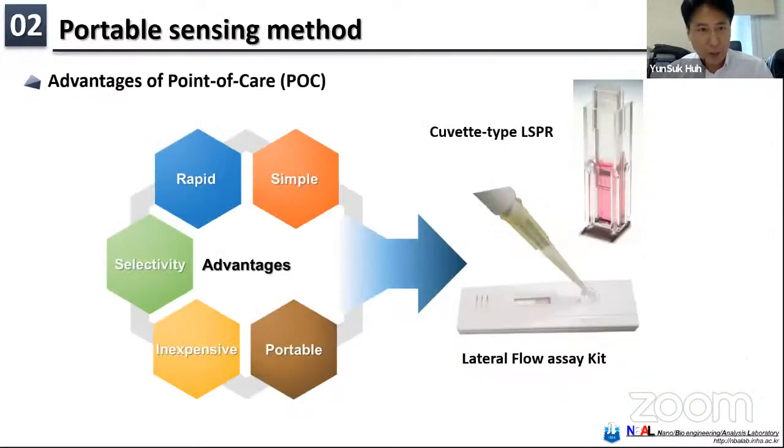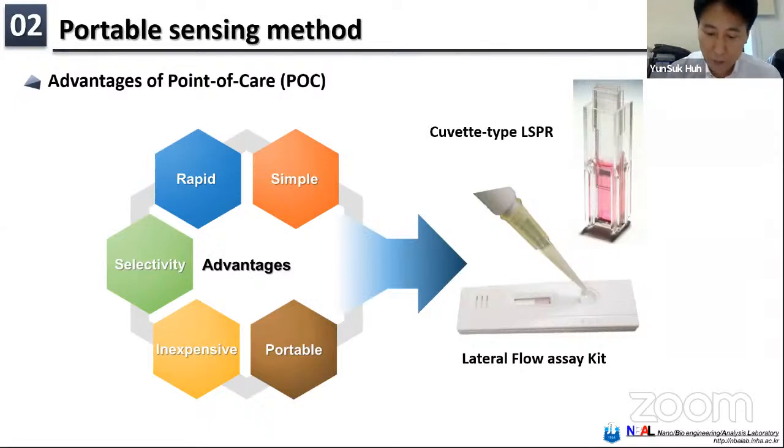This slide shows the advantages of portable sensing techniques. We can simply imagine them for point of care. Portable sensing techniques have several advantages: simple and rapid, selective, very cheap, and portable. So what are the key decision criteria for portable sensor development?